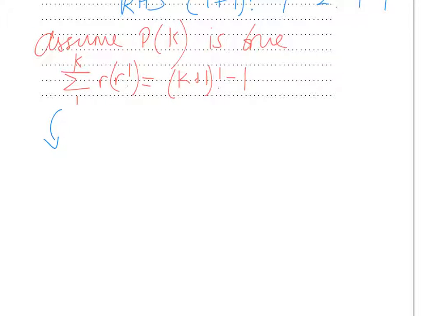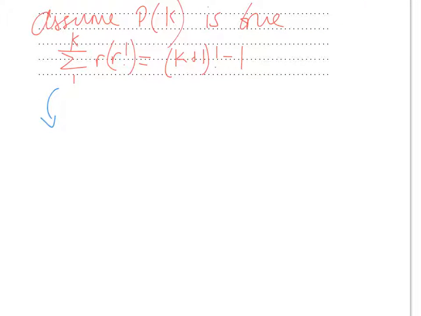So I'm going to add to both sides the next term, which in this case is k times k factorial. No, it's not. That's nonsense. That's the last term in the sequence. I want to add the next one.